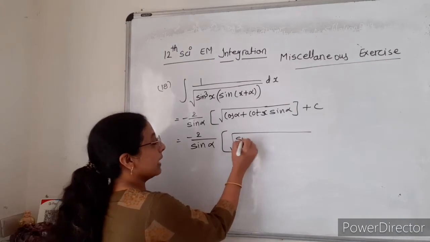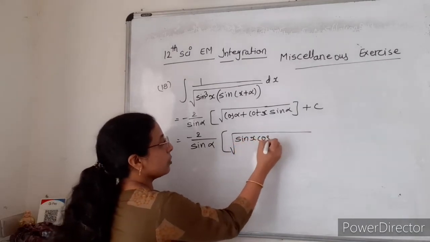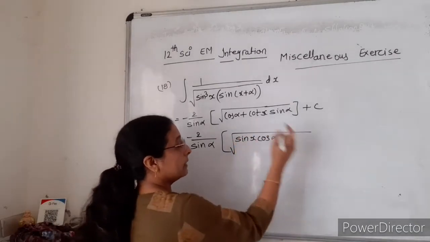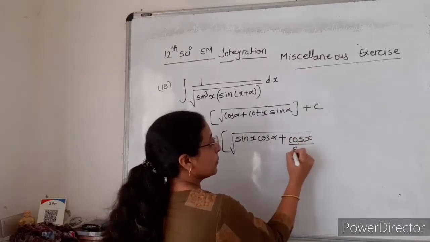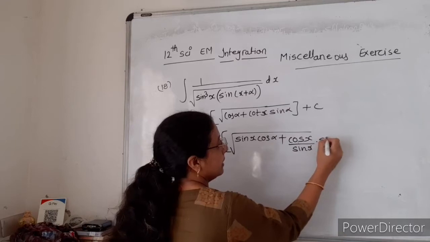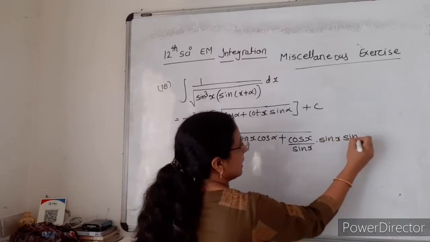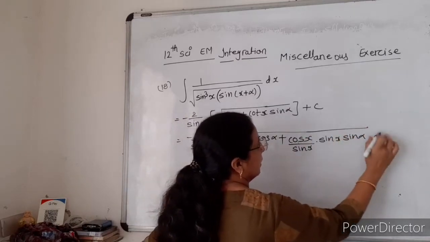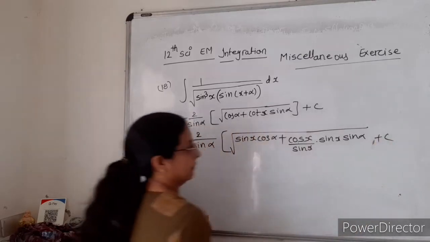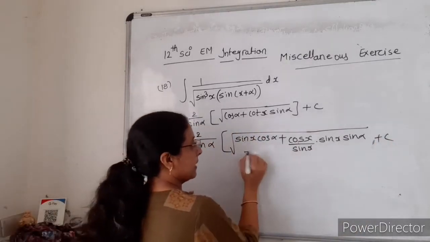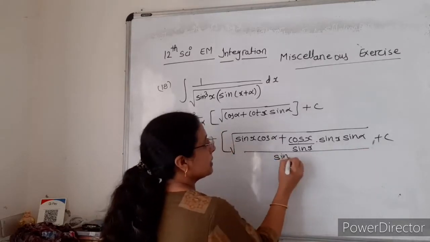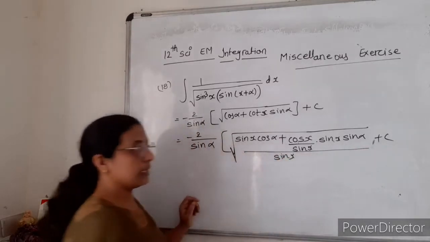So I will write sin x cos alpha plus cot x, cot x is cos x upon sin x, into sin x sin alpha, plus, what I have done? Sin x multiplied, the whole upon sin x. That is, the whole thing is in the square root.